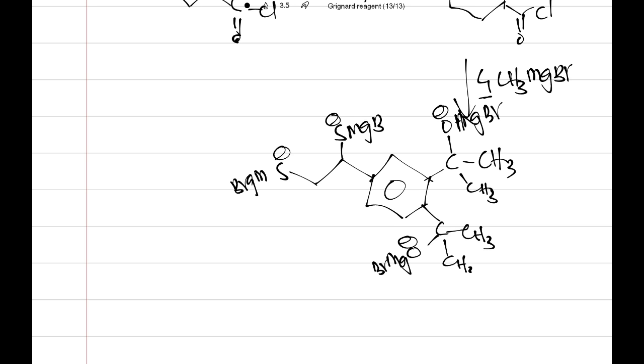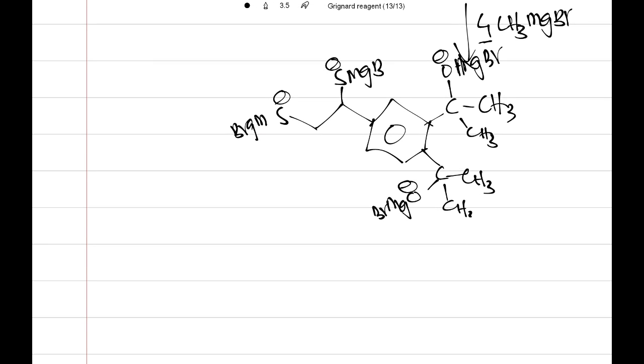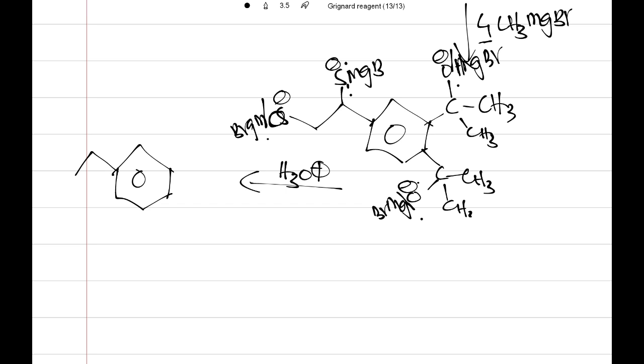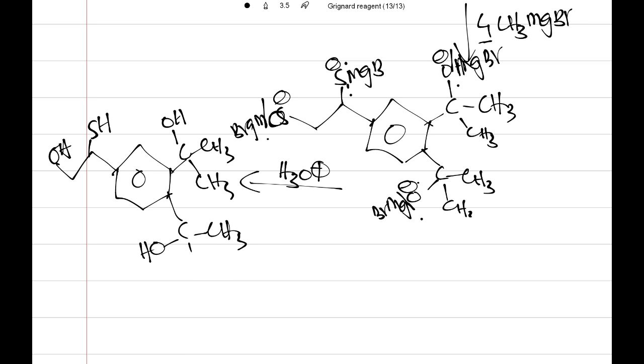After that, on hydrolysis, all these MgBr groups get eliminated and we get the alcohol. Look at this carefully, this is our product of the reaction, with OH, and this side carbon with OH, CH3 and another CH3, and another COH with CH3 and CH3.